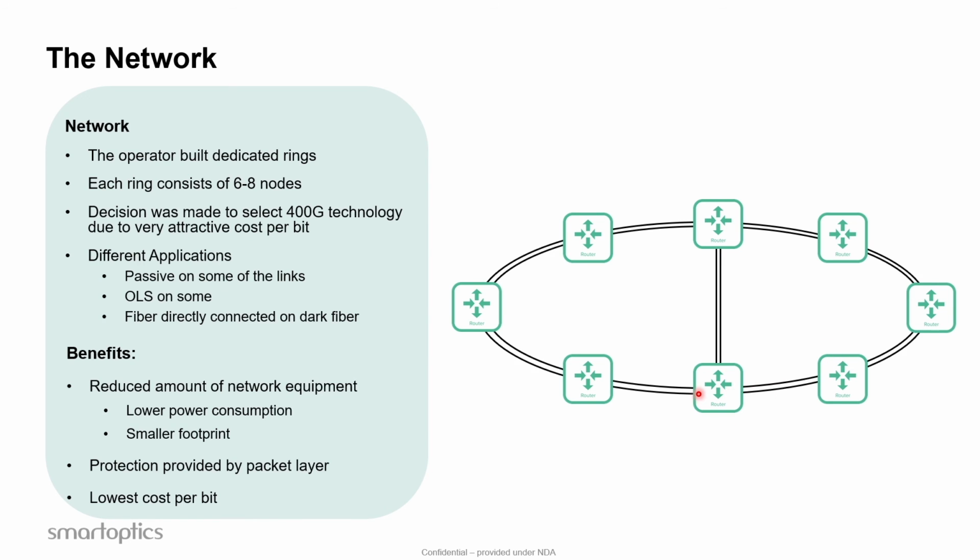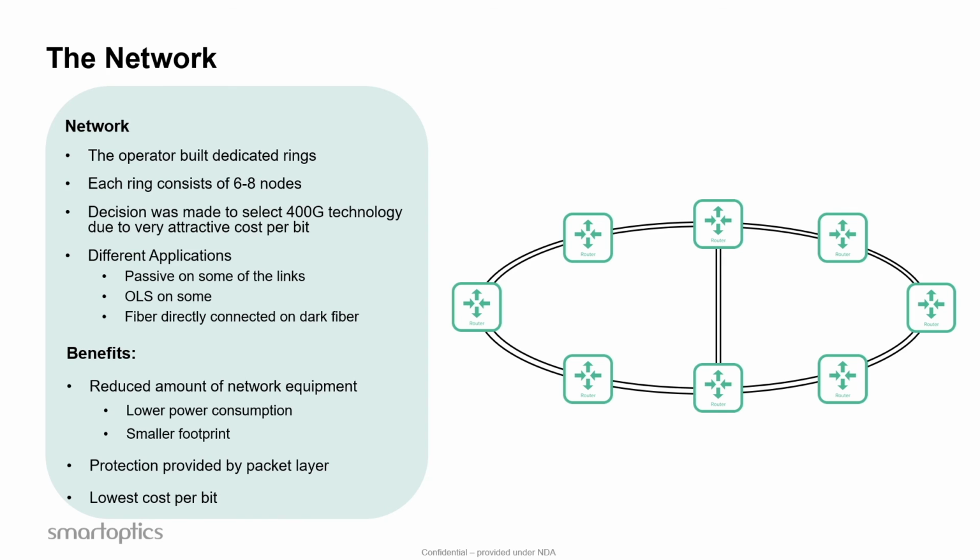And they have other links where they don't have a lot of fiber and where they already have an open line system in place. There they combined it with running the 400ZR over an active open line system. This has of course been a great opportunity for us to test the different applications in different real life scenarios. And the entire deployment has been going very, very smoothly.